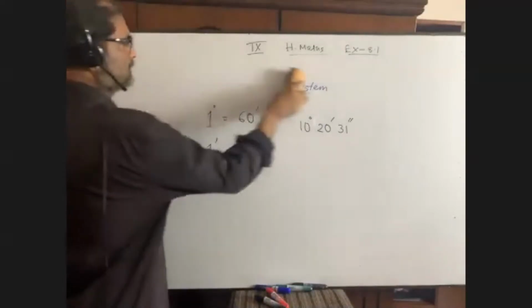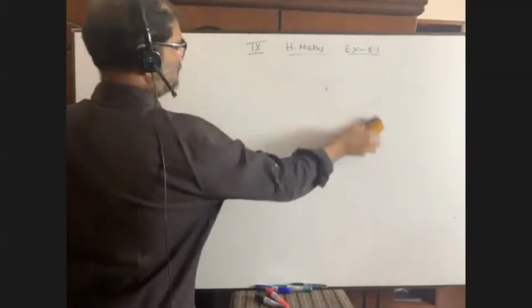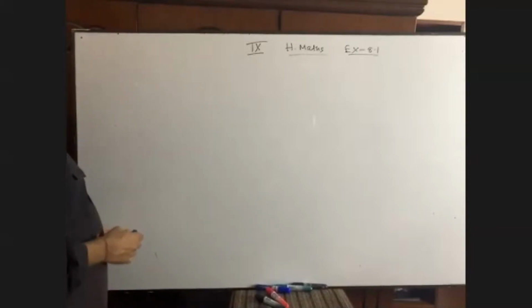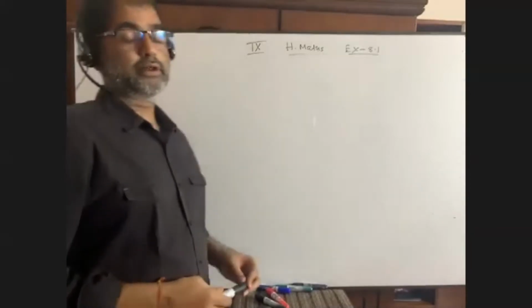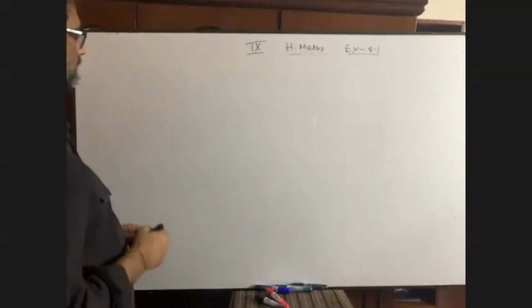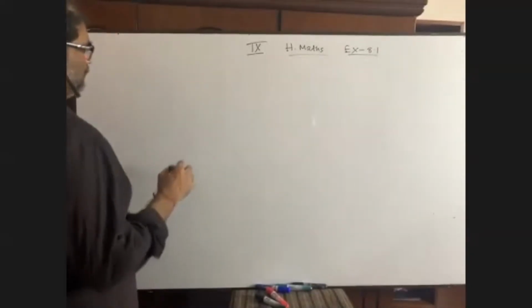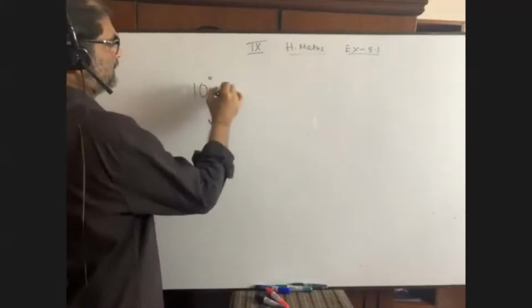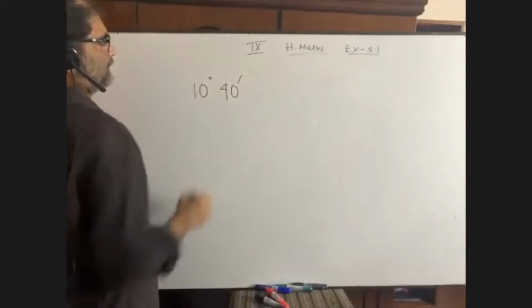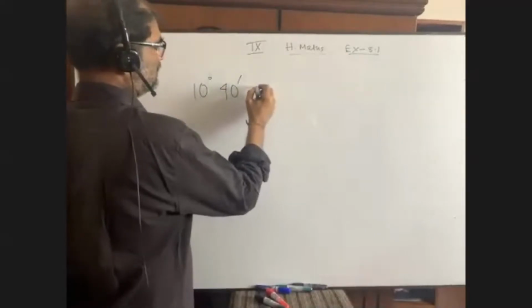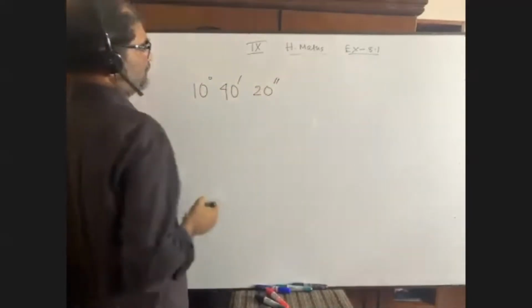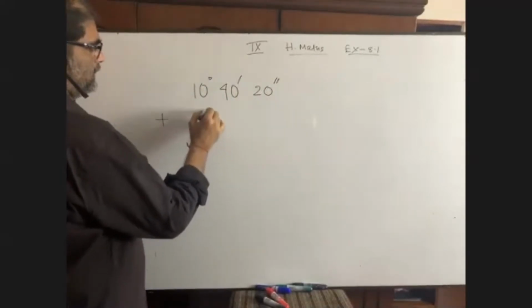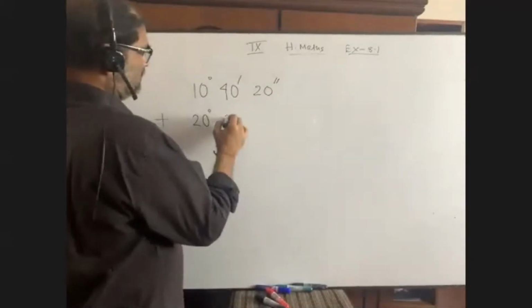Now we all will take out our calculator. Take out the calculator. Suppose you are told 10 degree, 40 minute, 20 seconds plus 20 degree, 30 minute.